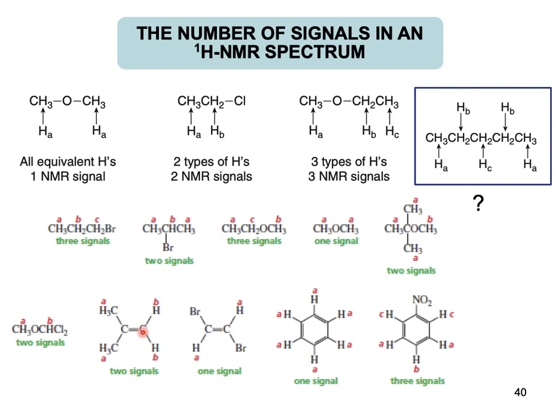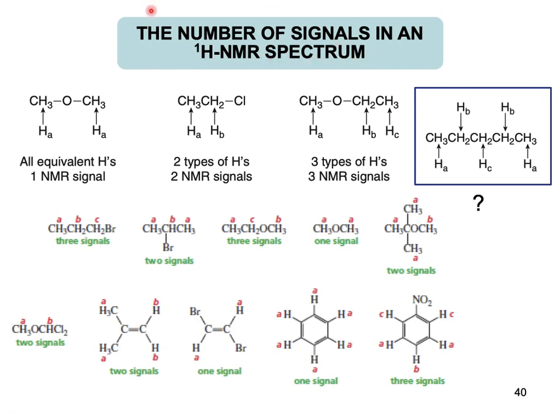So in the case of hydrogen, there is one proton inside the nucleus. That's why it is 1H or H1 NMR spectrum, the 1H nuclear magnetic resonance spectrum.